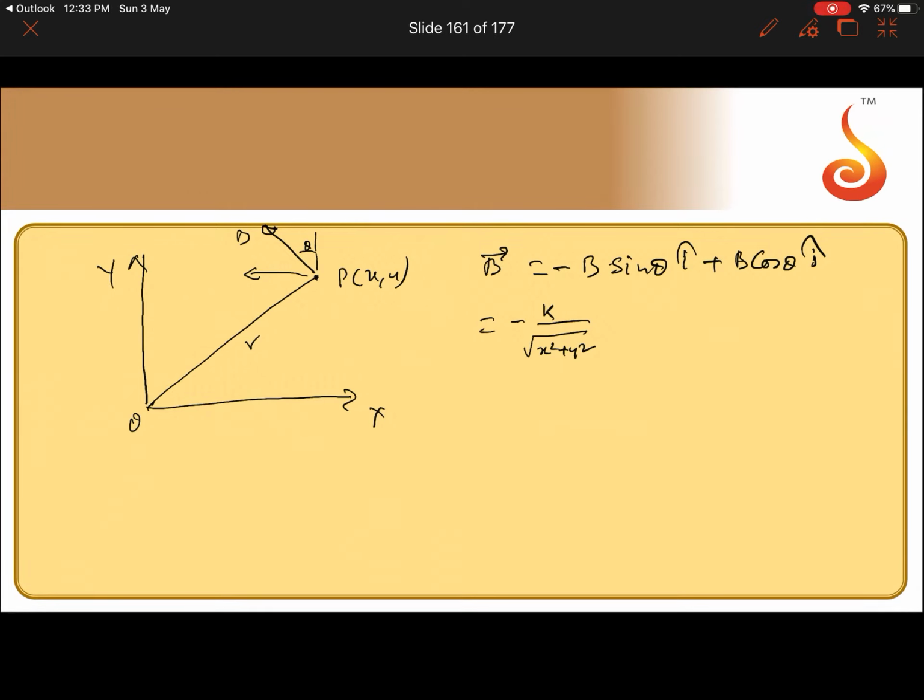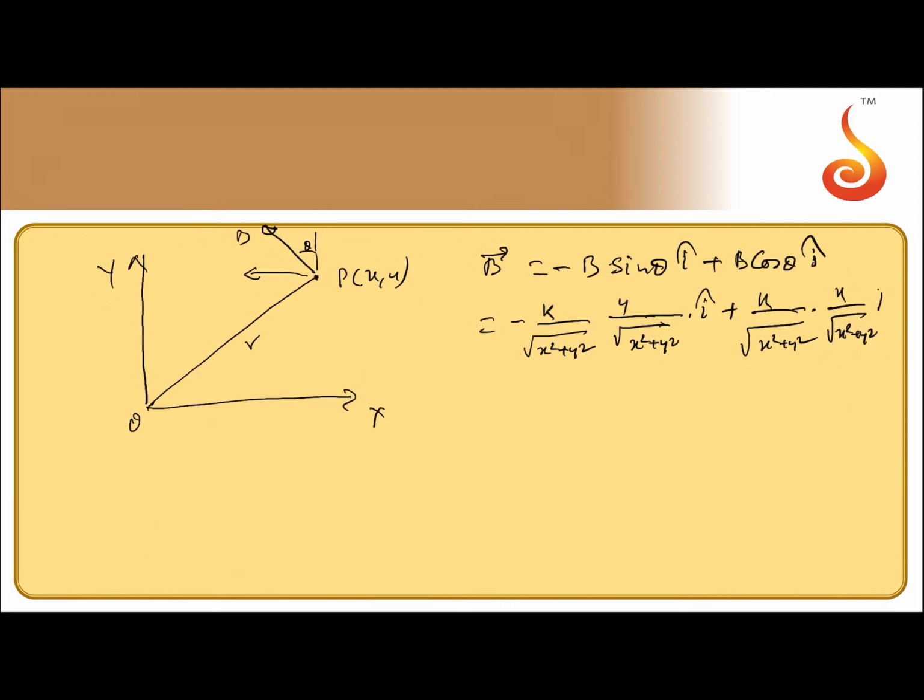Sin theta we can always write as y by r, that is y by under root x square plus y square i cap, and cos theta is your x by under root x square plus y square j cap.